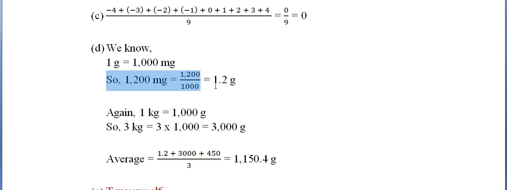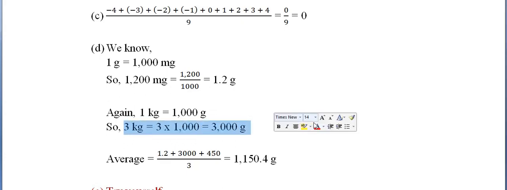I am just converting this milligram to gram, but you can convert milligram to kg or gram to kg, or all these weights into milligram. And 1 kg is equal to 1000 gram, so 3 kg will be 3000 gram.